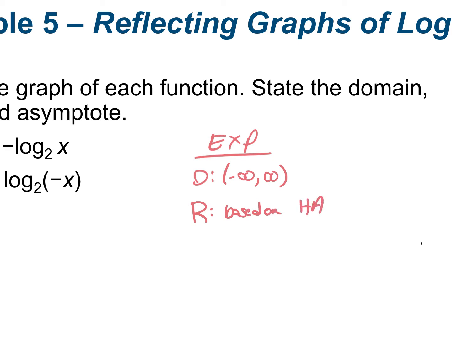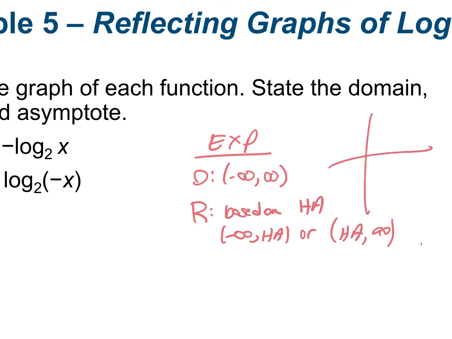You're going to have 2 different kinds of ranges. It's either going to be negative infinity to the horizontal asymptote or the horizontal asymptote to infinity, because in our exponential functions, you either have some that are occurring above or below, right? Up or down.